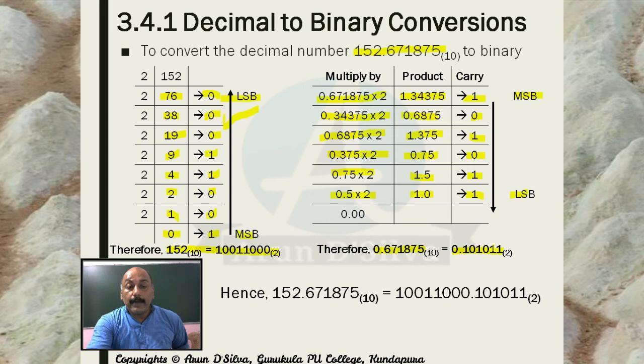How can you write it clubbed together? 152.671875 will be written with this part written here and this part written here. That is 10011000.101011. So it will be in binary. Separately, you do the integer part and write it, and separately you do the fraction part and write it. Make it together. So that will become the binary equivalent.